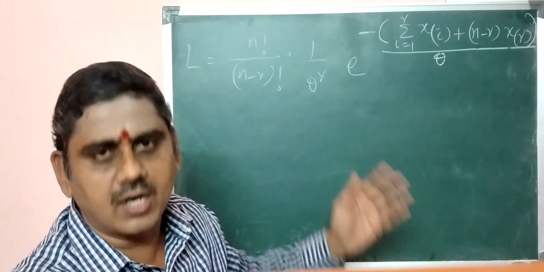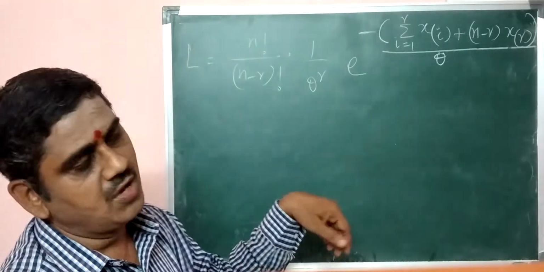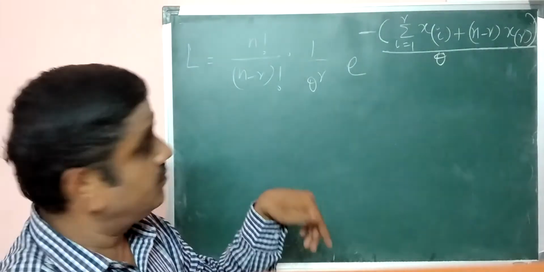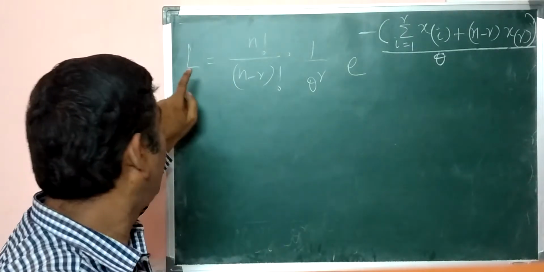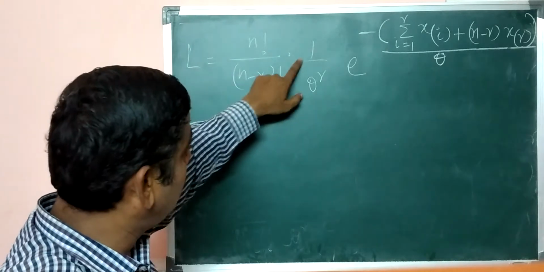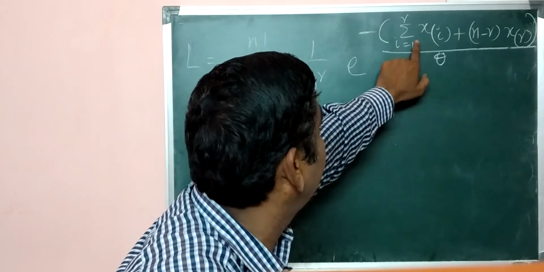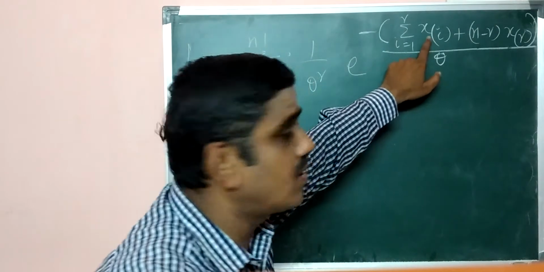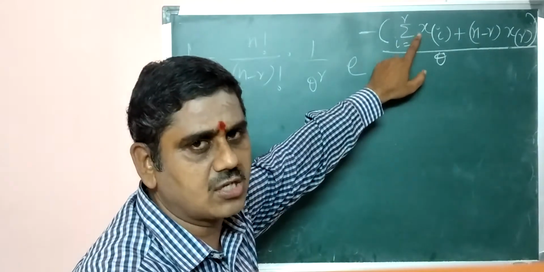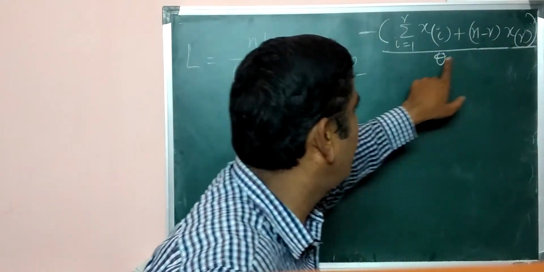And then we have started the calculation of the likelihood function. Likelihood function is calculated: L is equal to n factorial by n minus r factorial into 1 by theta power r into e power minus of the summation xi, that is x1 plus x2 plus xr, order statistics, plus n minus r into xr divided by theta.